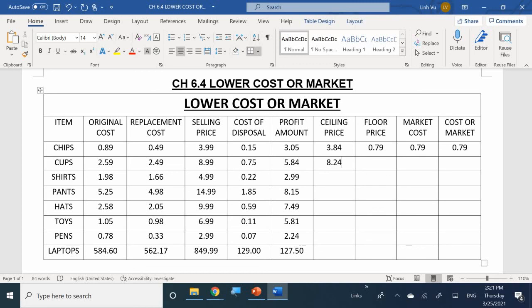824, right? We're going to take our selling price and we're going to subtract the amount it costs to dispose of it. So 899 minus 75 should give you 824. I hate using a calculator. I put the profit amount in. Yes, yes.